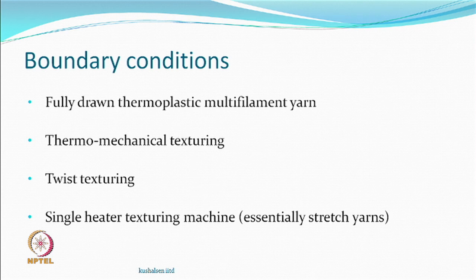So, we still remember that we are talking about fully drawn material, because one which is fully drawn behaves in a different way, and that is our constraint at the moment. Of course, they are thermoplastic, thermomechanical, twist texturing and single heater machines, and the products based on single heater machines is what we are talking about.